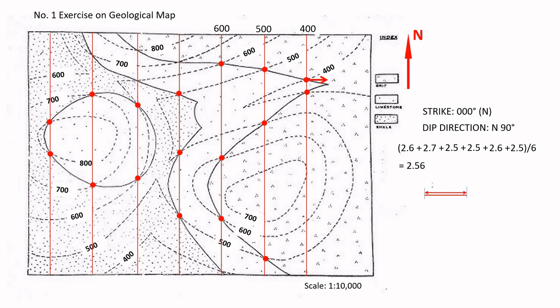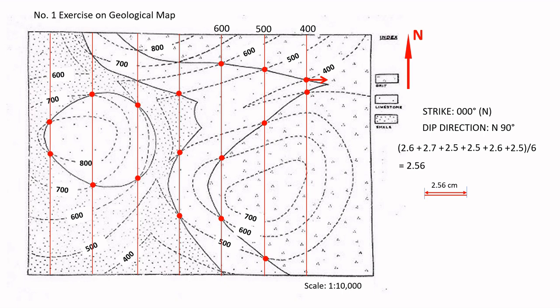This line represents the horizontal distance between the two consecutive strike lines. Based on the contour interval, the vertical distance between two consecutive strikes is 100 meters, which is equivalent to 1 centimeter on the map.